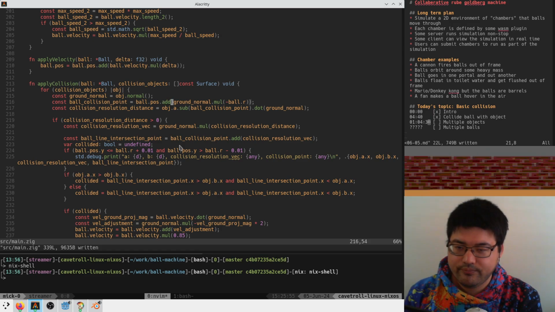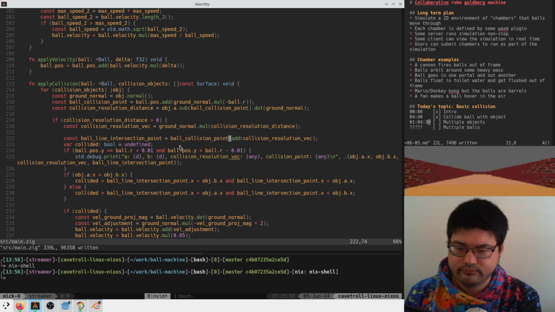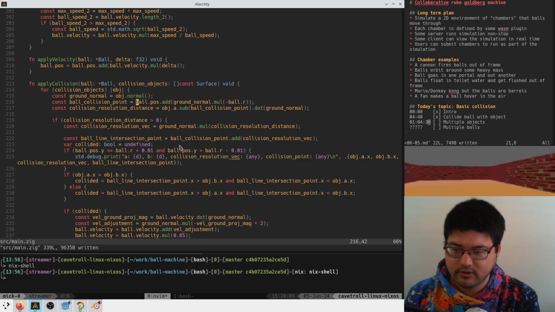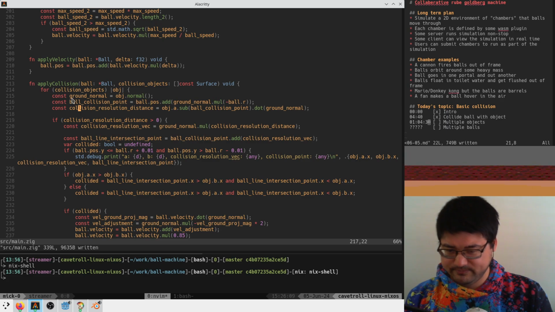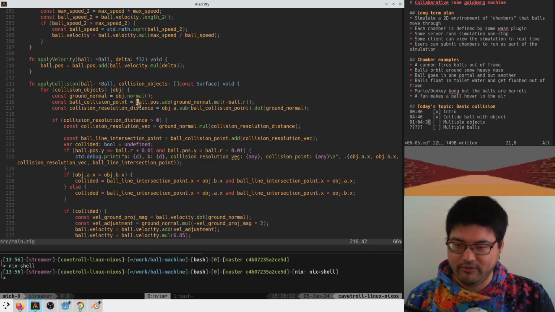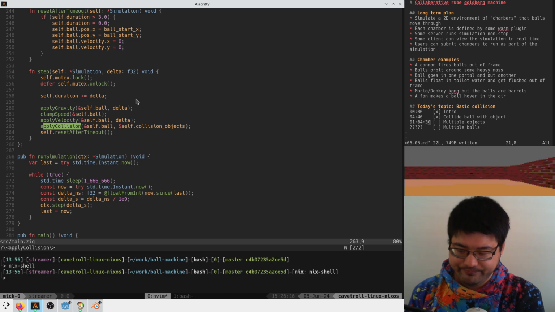Ball line intersection point is, okay, let's think about this. Let's just double check that's right. So we say we have the ball's current position after velocity is applied. Yes, after we've done our movement.